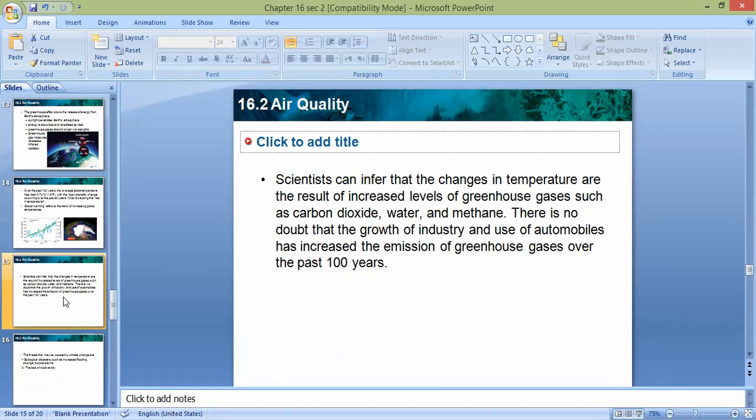Why did they increase? From industry, from automobiles, from burning fossil fuels. This increases the production of carbon dioxide, methane and water vapor. This increases the greenhouse gases, which increases the temperature of the Earth and causes global warming.